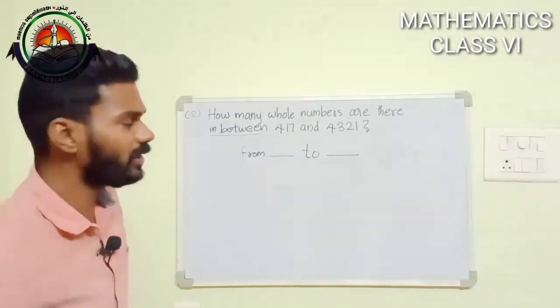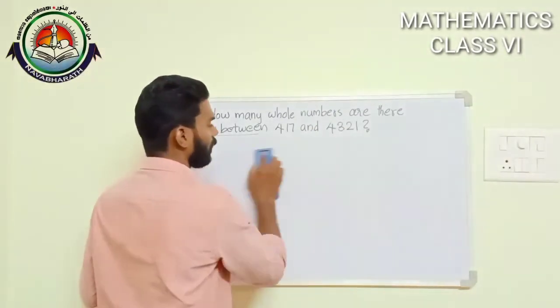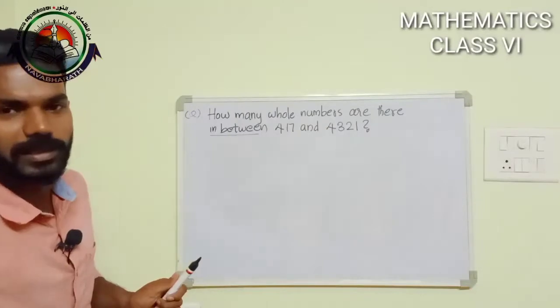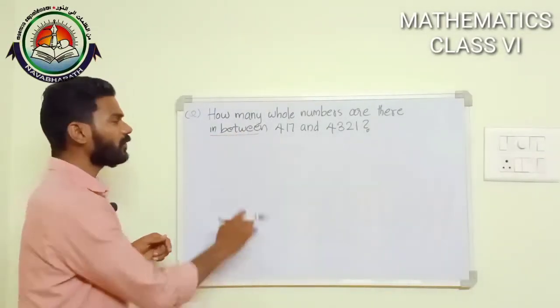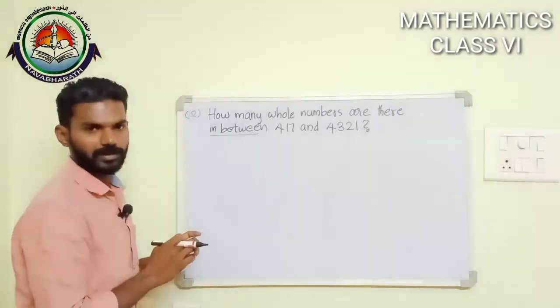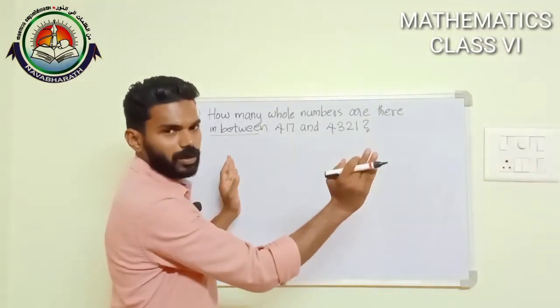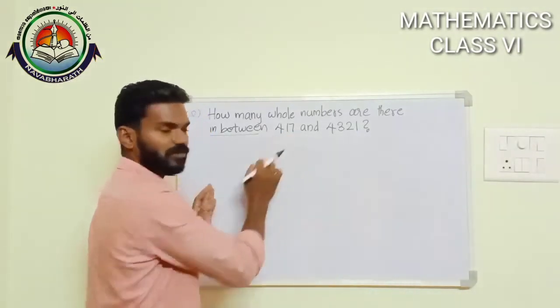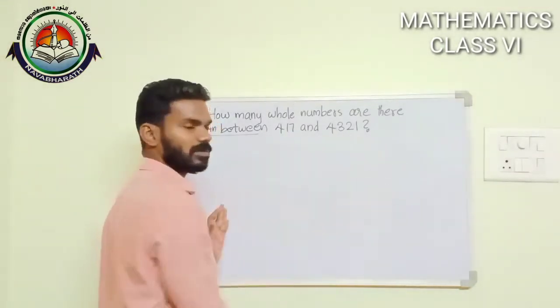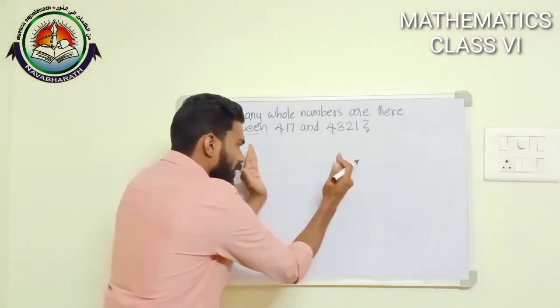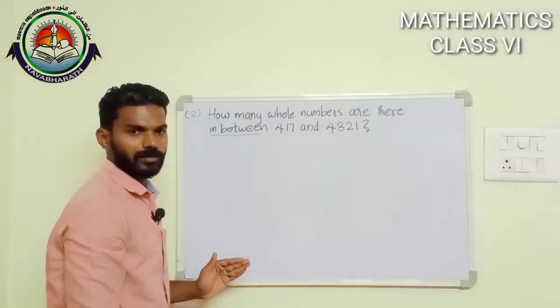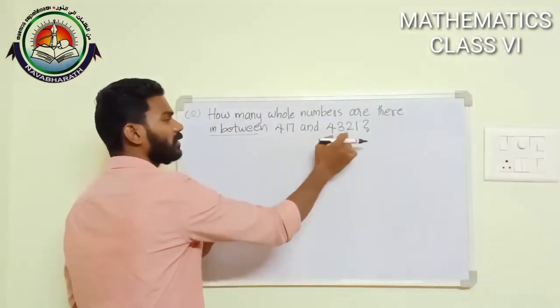And here it is not the case of 'from' and 'to'. Here it is the case of 'in between'. If it is in between, we do not want to consider the numbers 417 and 4321. We only need to consider the numbers inside of that. We do not want to consider these two.